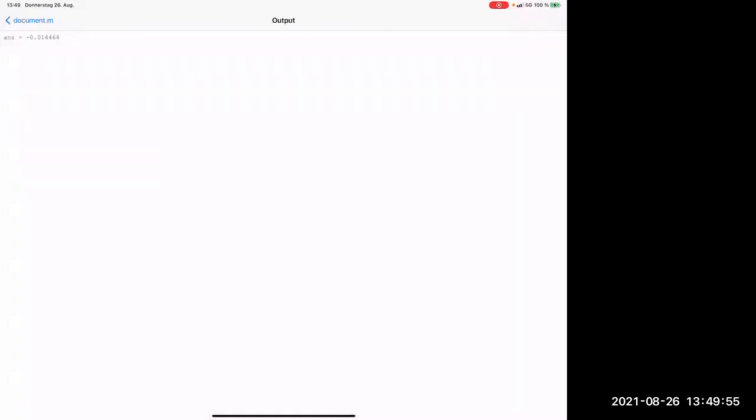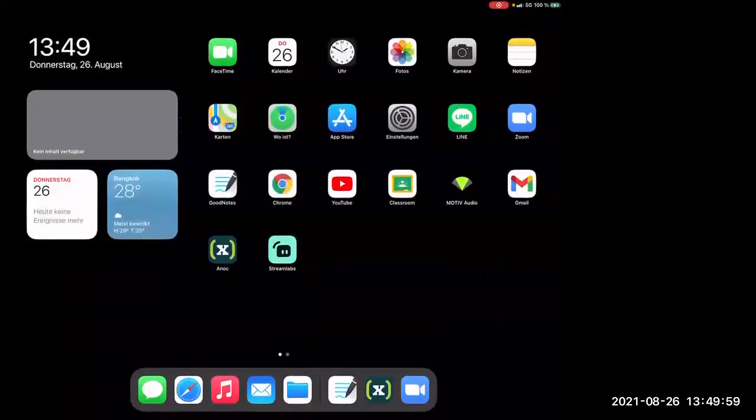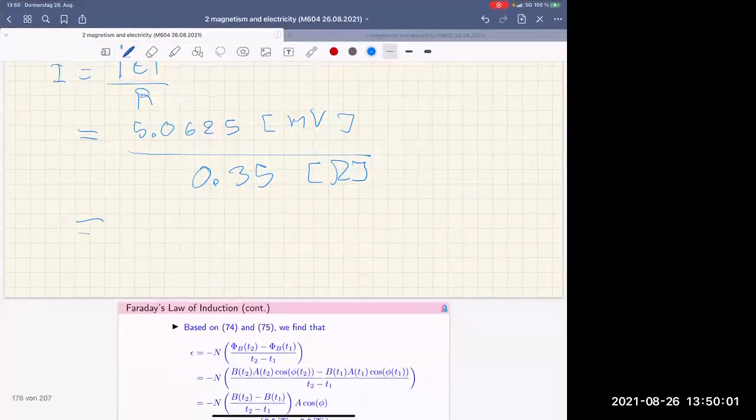It's 0.014464, equal to 0.014464, and the unit for that is ampere, right?